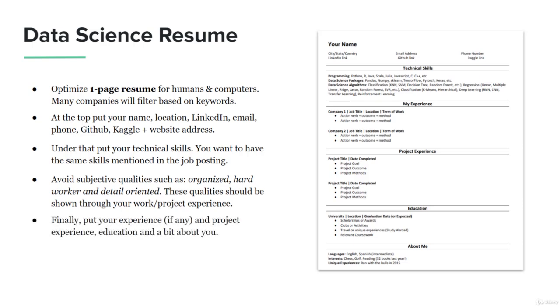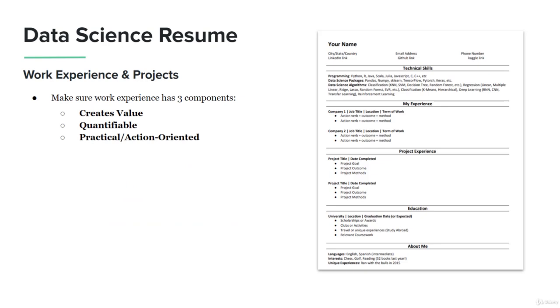And then finally, you want to put in your experience, if any, or if you don't have experience, you want to put in there your project experience, education, and then a little bit about yourself. And then with the work experience and projects, right, you want to make sure that your work experience has 3 different components, okay? Number 1, it creates value. Number 2, it's quantifiable. And number 3, it's practical and action-oriented. So when you're listing out your experience or maybe a project that you worked on, you want to make sure that it has these 3 components, right?